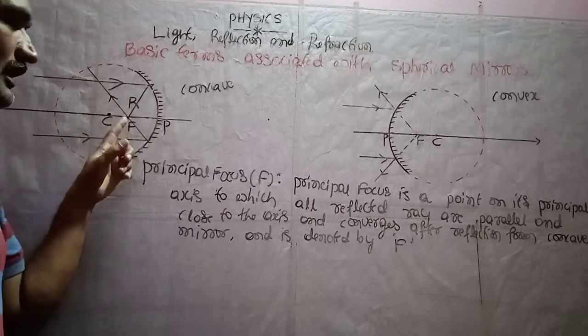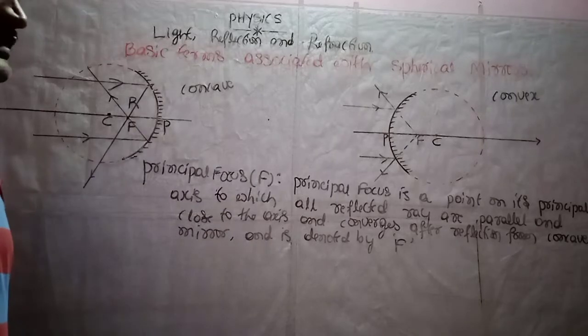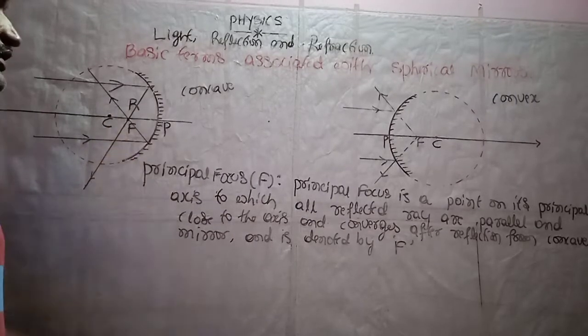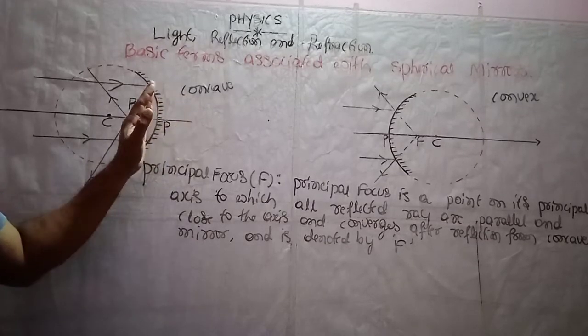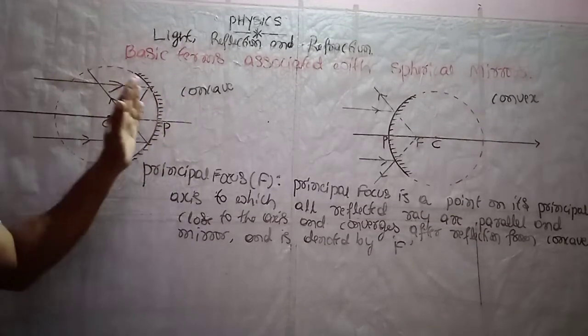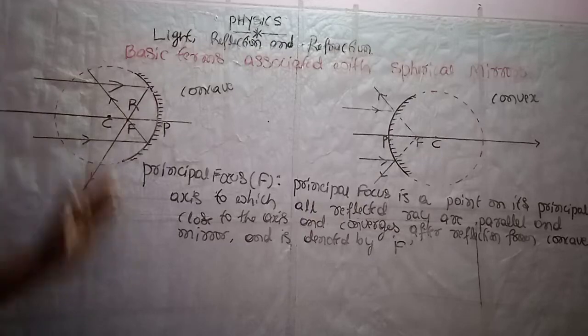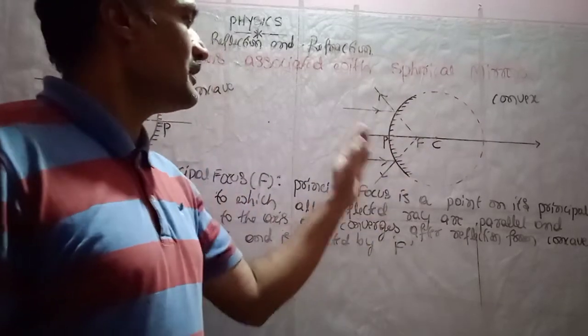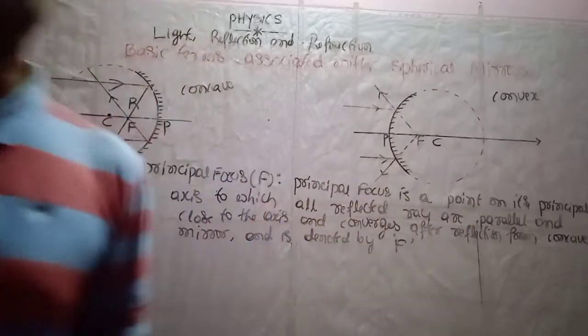That point is called the focus or principal focus, denoted by the capital letter F. The principal focus lies in front of the pole, in front of the reflecting surface of the mirror, but in the case of the convex mirror, it lies behind the mirror.